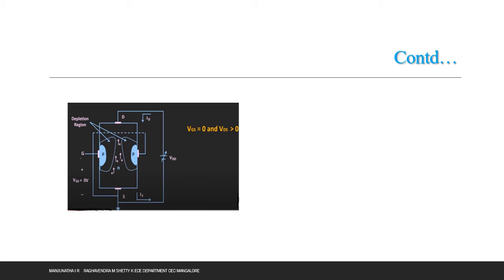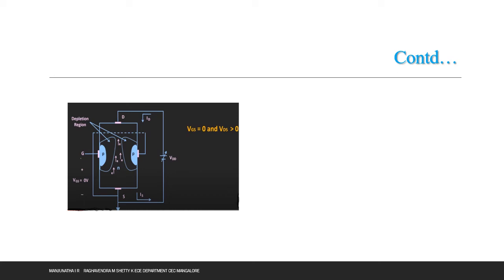So, from the condition when VGS is equal to 0 volts, that is, we are not giving any external voltage from VGG, but VDS is greater than 0, that is, voltage from VDD is greater than 0 volts, that is plus 1 volt, plus 2 volts, plus 3 volts, and so on.